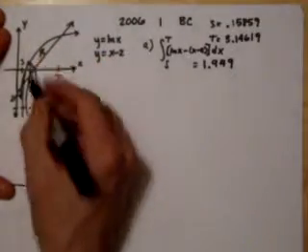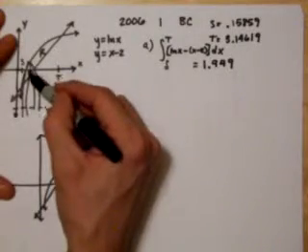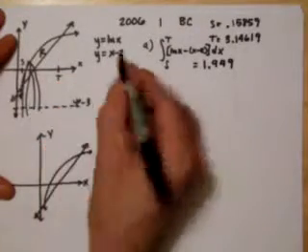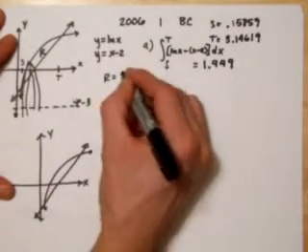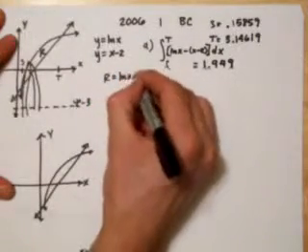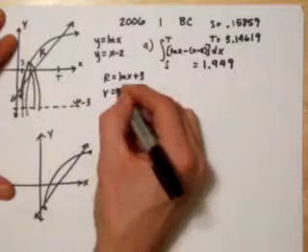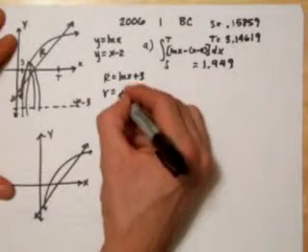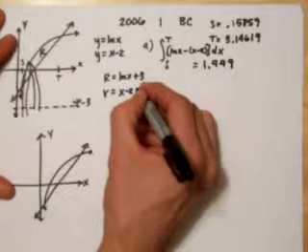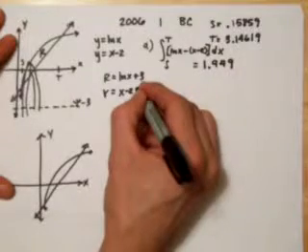So you have a large radius, which is the top function, plus 3. And you have a small radius, which is the bottom function, plus 3.